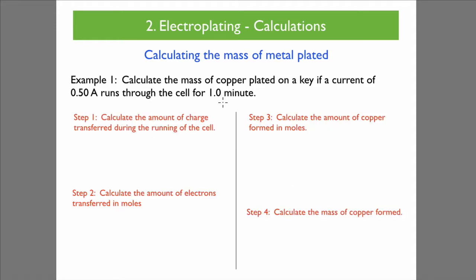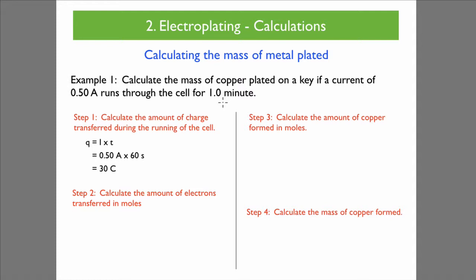Let's do an example. Calculate the mass of copper plated on a key if a current of 0.50 amps runs through the cell for 1.0 minutes. So what would you do first? First of all, we'd calculate the amount of charge transferred during the running of the cell. So we'd use Q equals I times t.